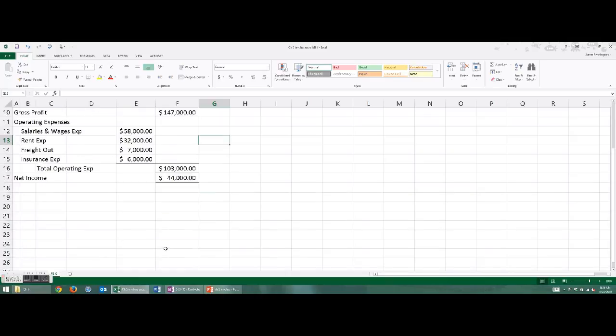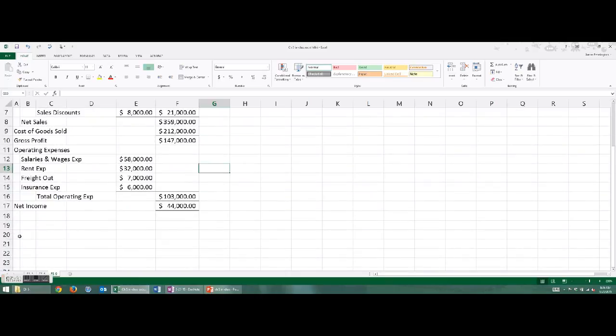All right, Part B asks for the gross profit rate, and this is just a ratio: gross profit divided by net sales. I'll write that out.